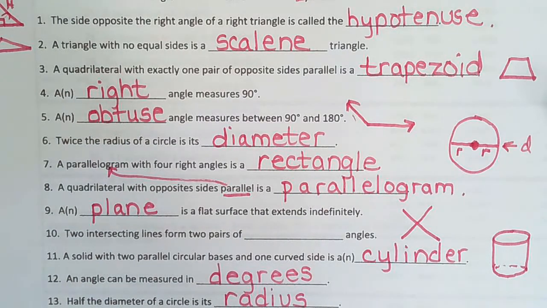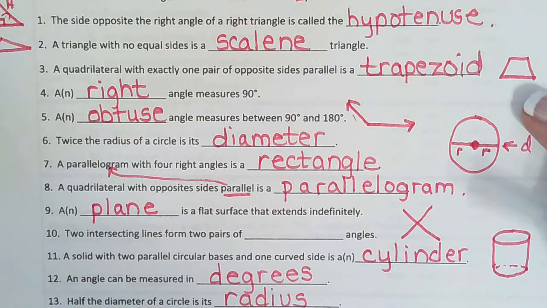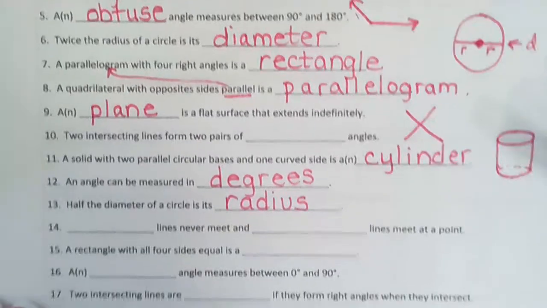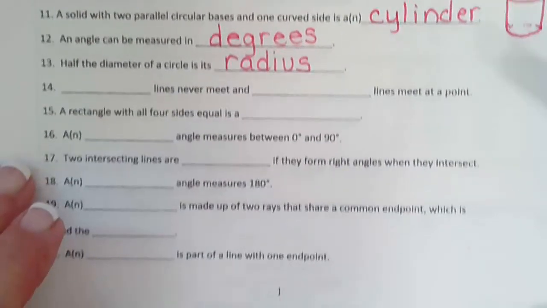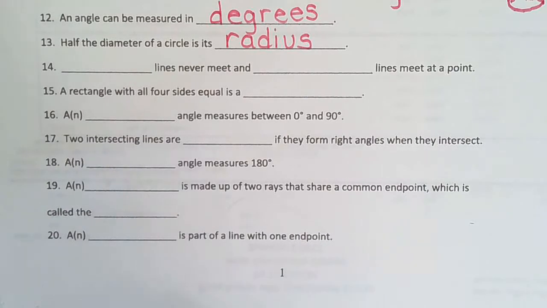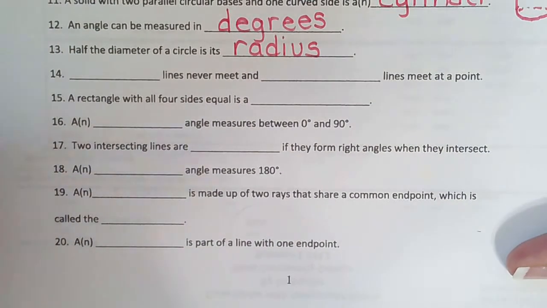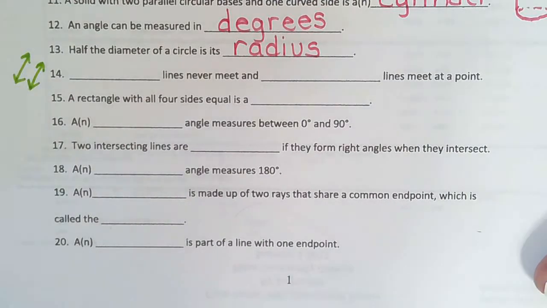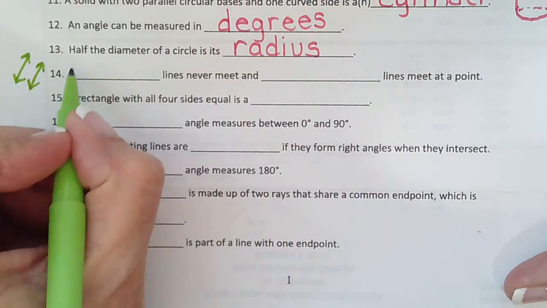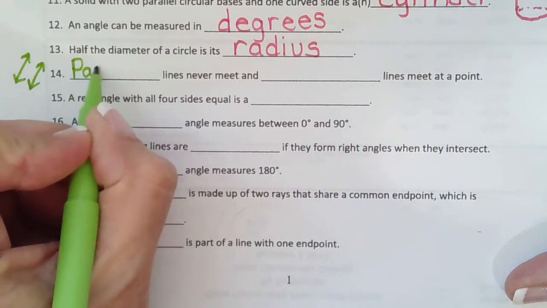Blank lines never meet. So what kind of lines never meet? Let's switch colors. Parallel lines. So you can draw a picture for those here out on the side. So that is what parallel lines look like. They never intersect, never meet. So parallel lines.